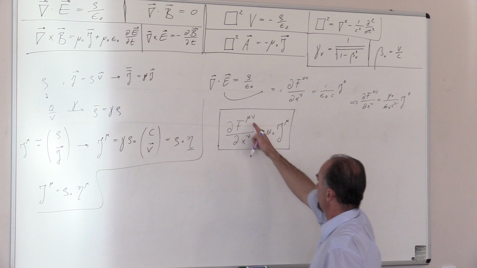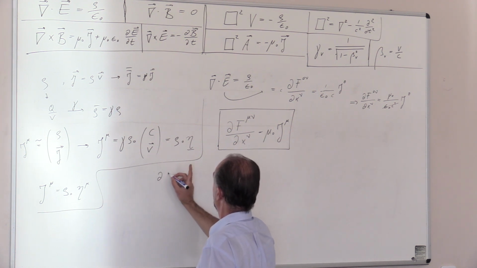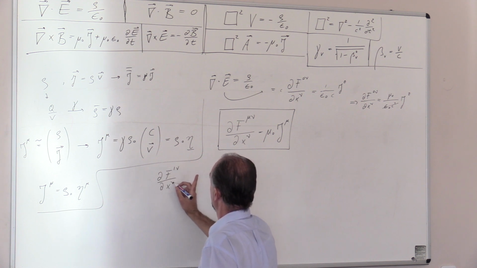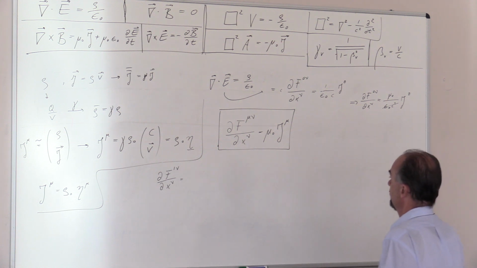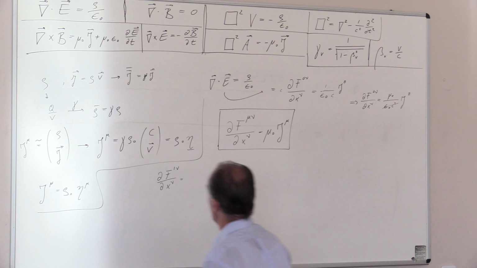We see if that also makes sense, say for the 1 component, so let's say dF1 mu over dx mu. For 0, we have said it's the first Maxwell equation.